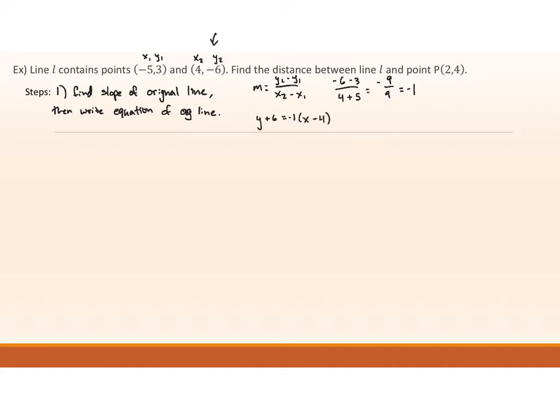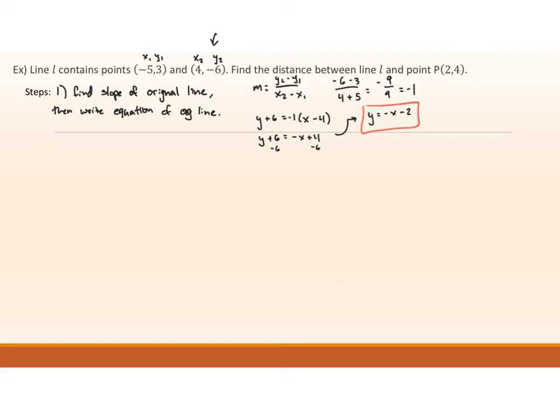And I'm going to rewrite this in slope-intercept form because that'll make my life easier later. So y plus 6 is equal to -x plus 4, which means our equation is y is equal to -x minus 2 because you subtract 6 from both sides. Now I'm going to put a box around this because we will come back to it later, and we will need that piece of information later.